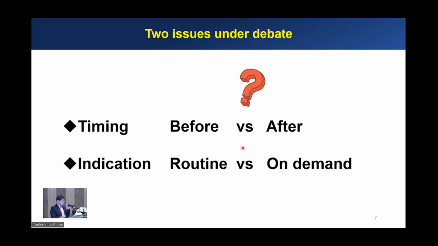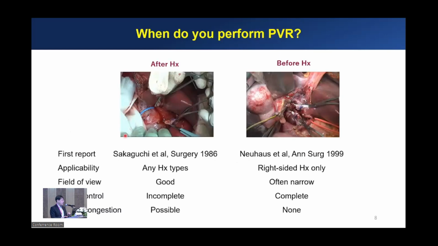I summarize first the timing of the portal vein resection. This is the case here, the portal vein resection after hepatectomy. And finally, we divide the portal vein, the specimen is removed, and now we perform the portal vein reconstruction.